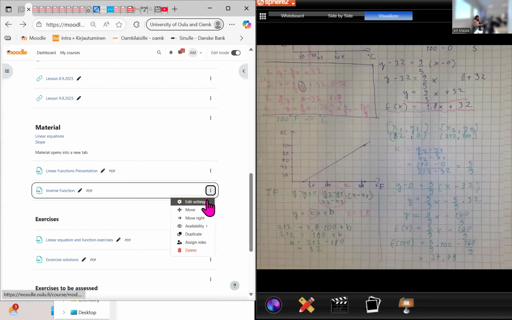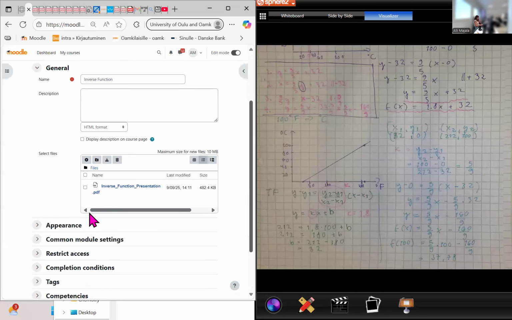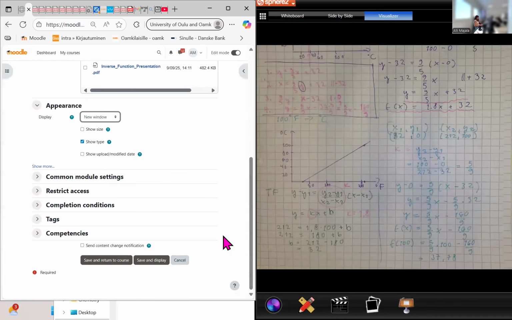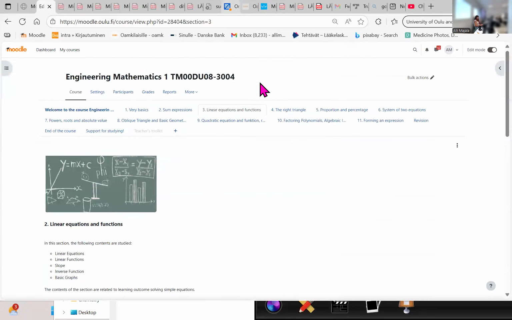It's the wrong way there, because it needs to go to a new window. Like that. Okay. So then the right triangle is the next topic.